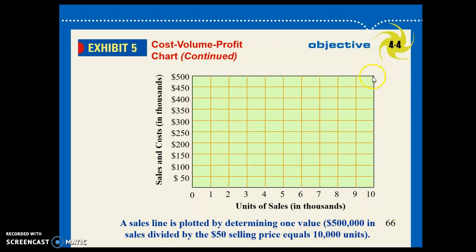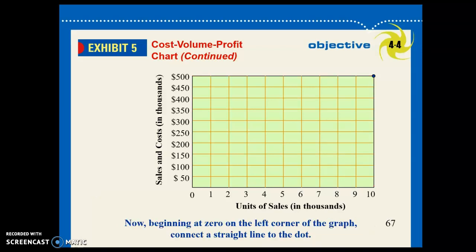That gives us a dot at the very top right corner of our graph. If I sell 0 units, I'll have $0 and 0 units, so that's at 0, 0. That's the second point, and I can draw a line between my 2 points to represent sales.